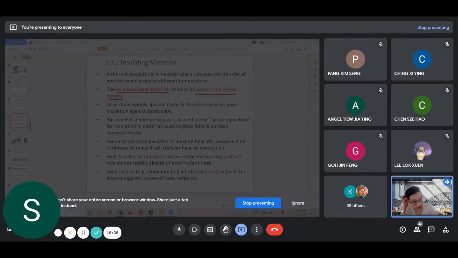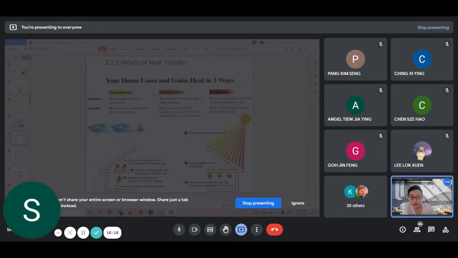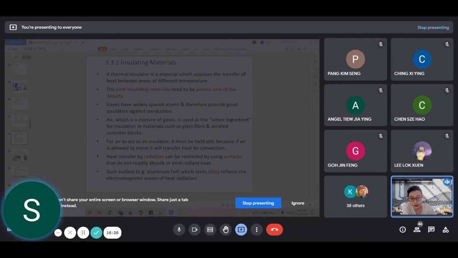So remember that heat can be transferred in three ways: convection, radiation, and also conduction. To prevent that, we want to have a thermal insulation material in place to prevent all of this.